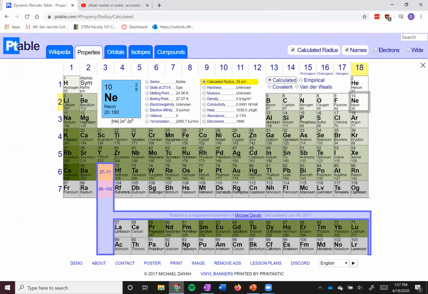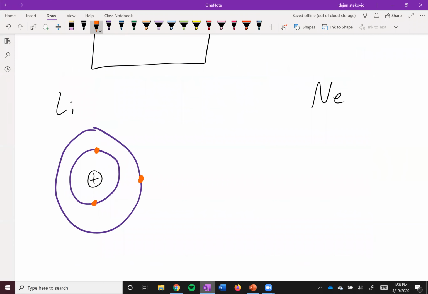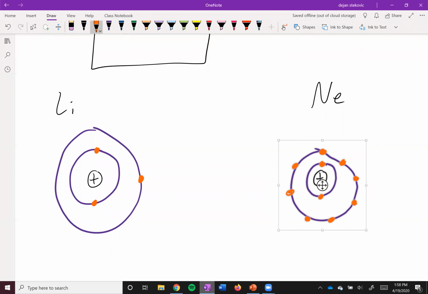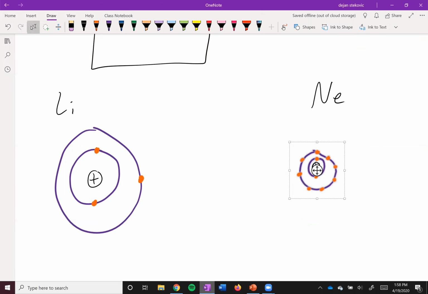If we think about neon, it's going to have 2 electrons in its n equals 1 orbital, and then 8 electrons in its n equals 2 orbital. So 2 electrons there, and then this filled outer shell. So 1, 2, 3, 4, 5, 6, 7, 8. And let's make it even smaller, just to be more accurate there.